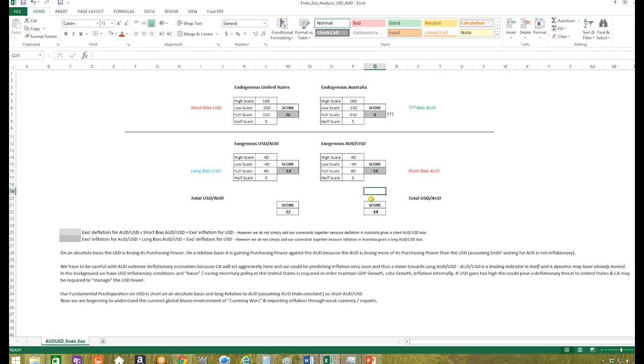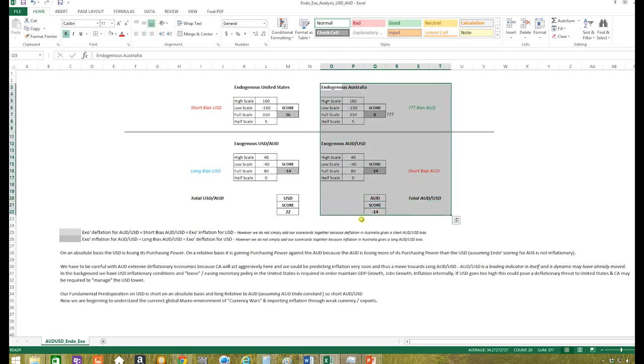So if you want to look at this in this way, excuse the typo there, that should be Aussie dollar, US dollar. If you want to look at it in this way, this is how we can look at it. The Australian economy is giving us a negative score, so contributing deflationary overall, so endogenous plus exogenous.